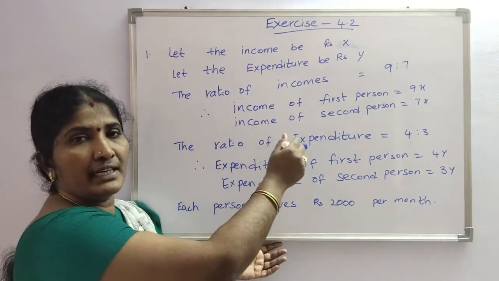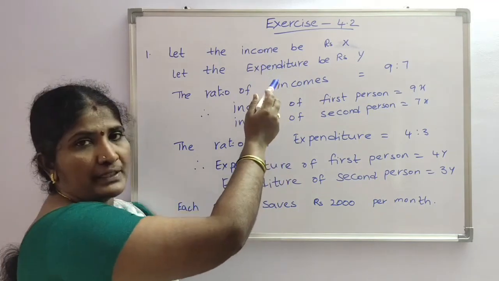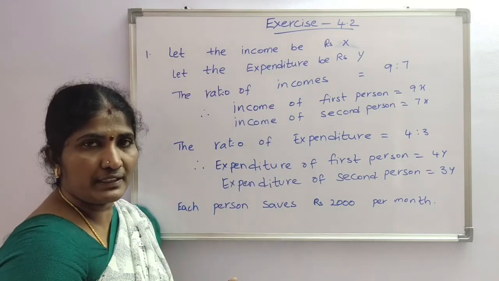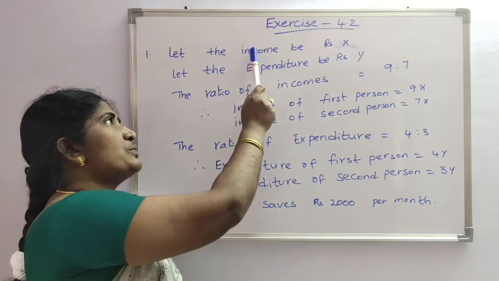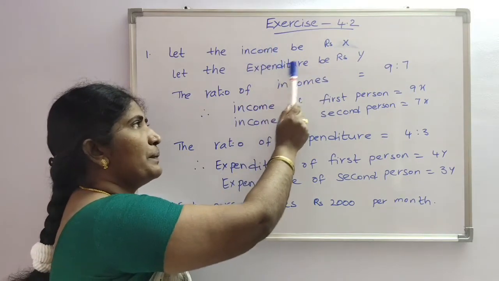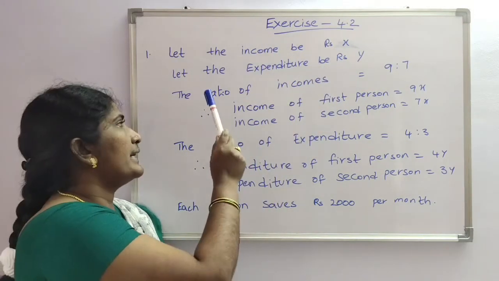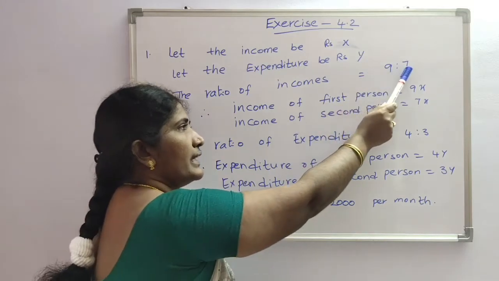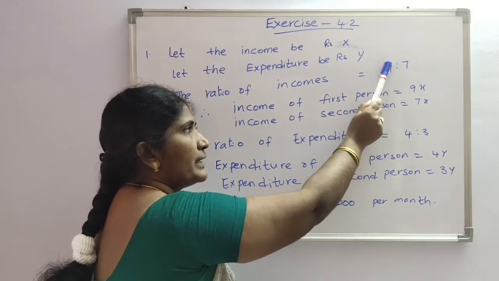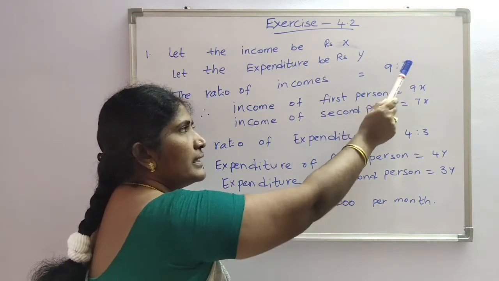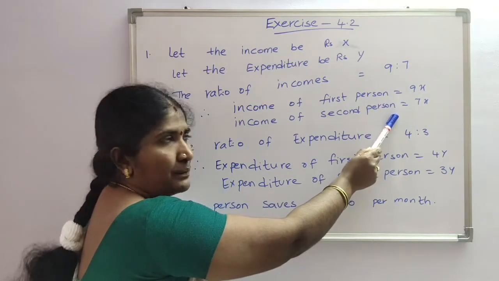First of all, they gave a relation between income and expenditure. We don't know what is income and what is expenditure, so we assumed income as x and expenditure as y. They gave the ratio of incomes 9:7. That means the first part is the income of the first person, the second one is the income of the second person.